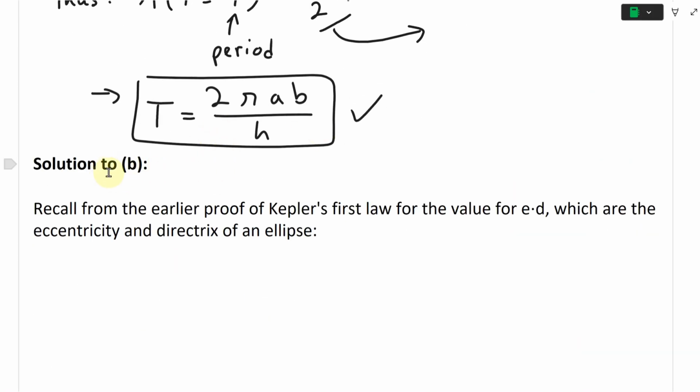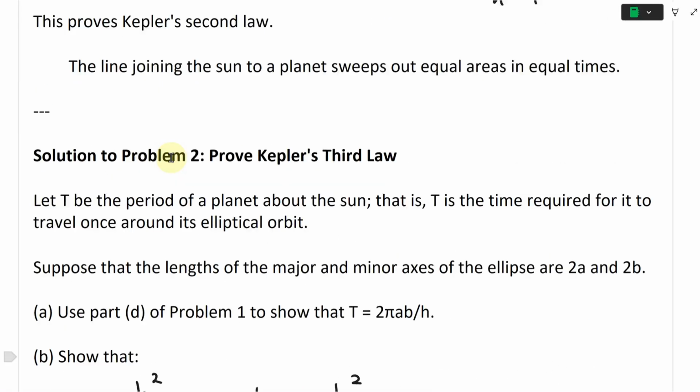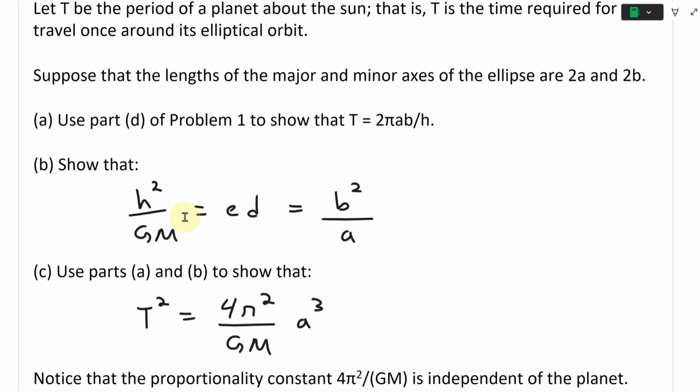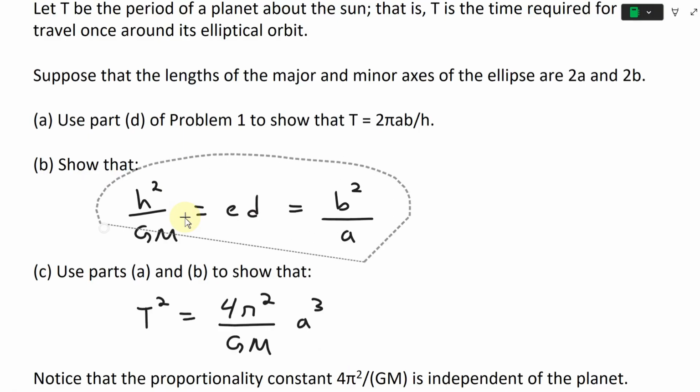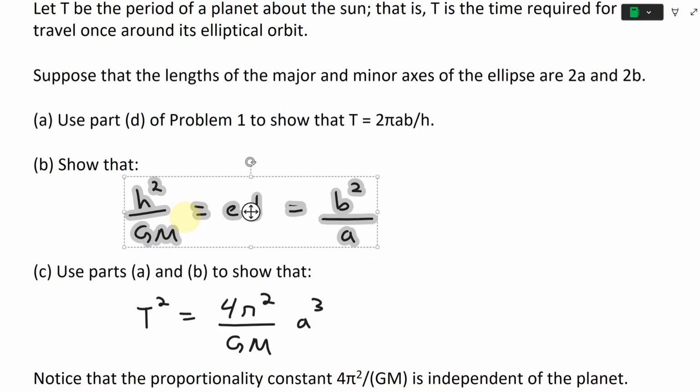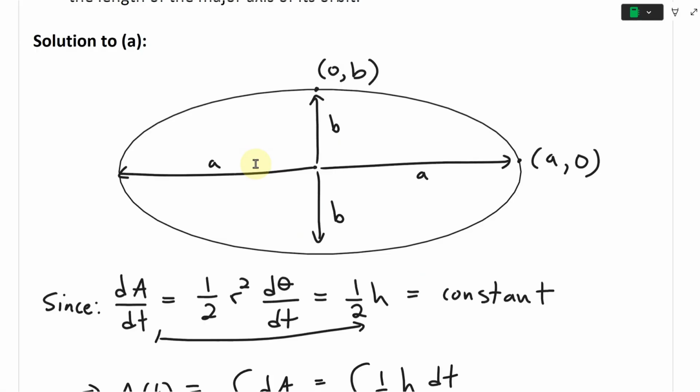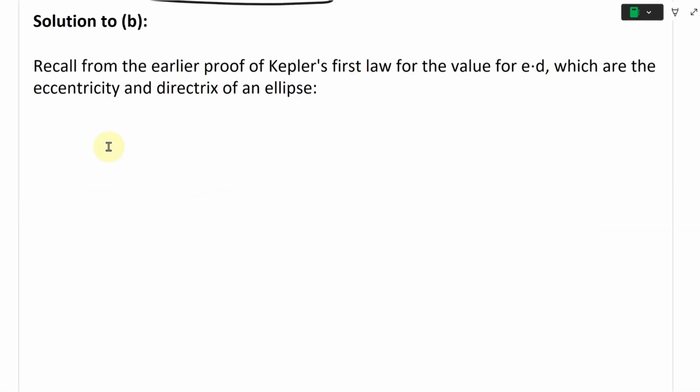All right, now let's take a look at the solution to part B. If we go all the way back up here, part B states, show that h squared over GM equals ed equals b squared over a. And again, remember, ed is from the equation of the ellipse from the first law derivation.